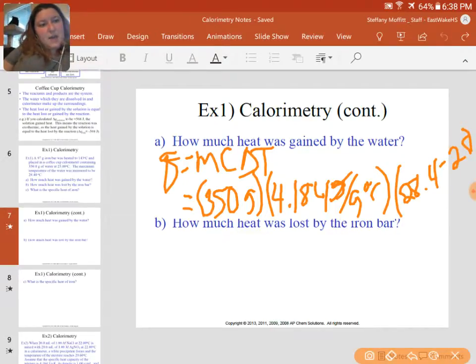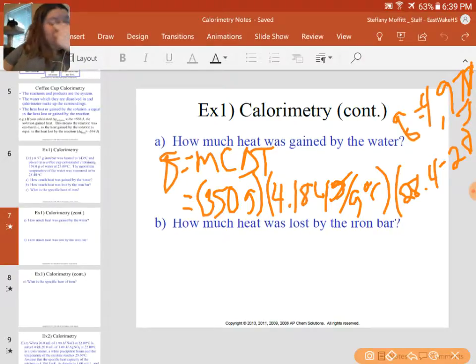I do all that and my Q comes out to 79... joules is our unit there. How much heat was lost by the iron bar?